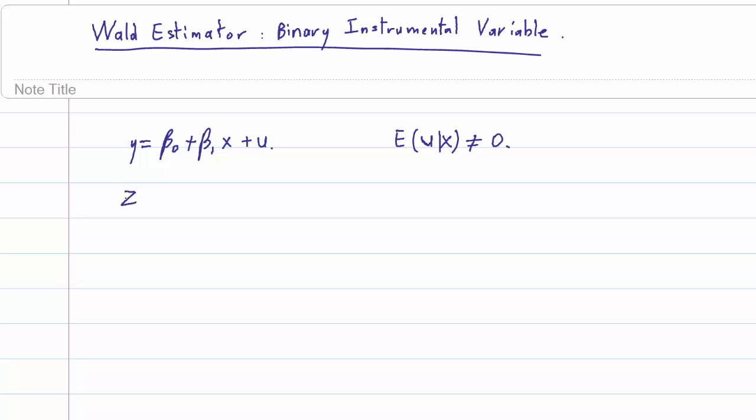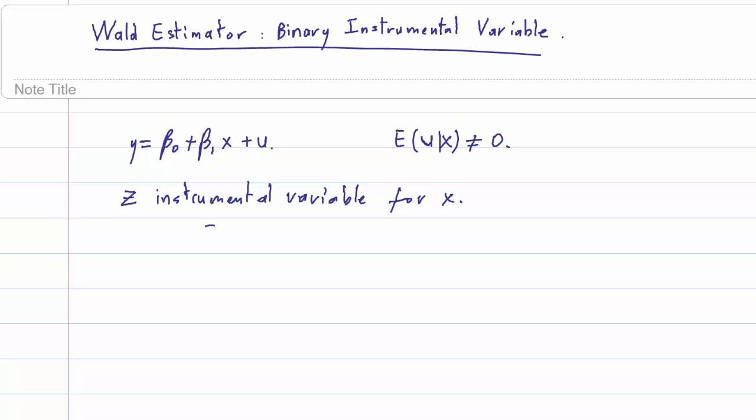And we have z, which is an instrumental variable. So consider Z as a treatment, for instance. You give some drugs to a group and you don't give the drug to another group.